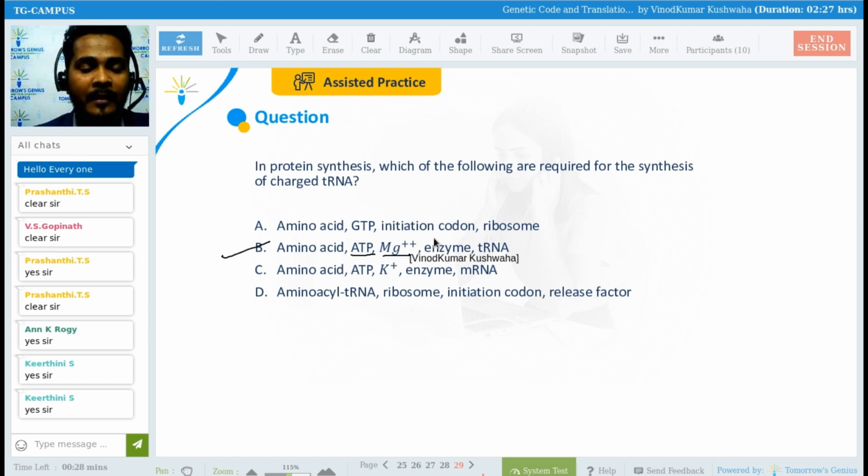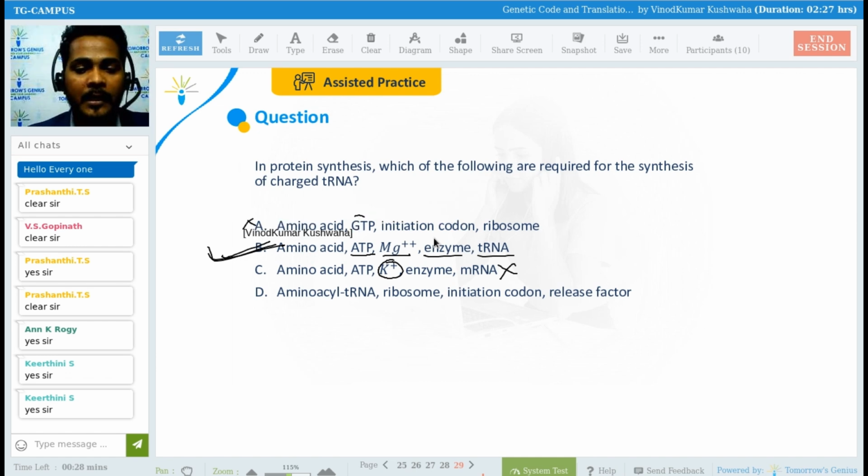Magnesium is required. I have not talked about calcium, right? Potassium, sorry. So potassium is here, you can cross this out because potassium is not required. So magnesium, then enzymes and tRNA. So definitely B is the right answer, and A and C, since GTP is not required, can be eliminated.